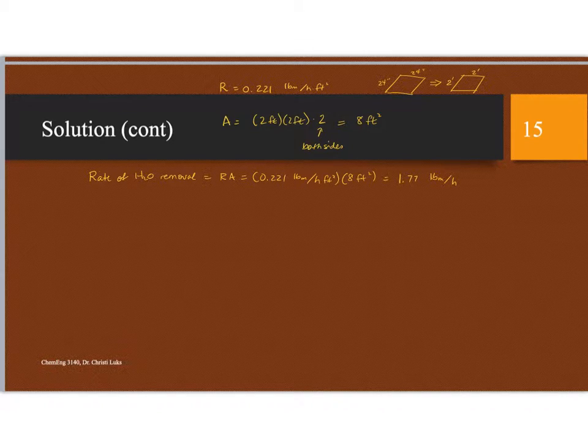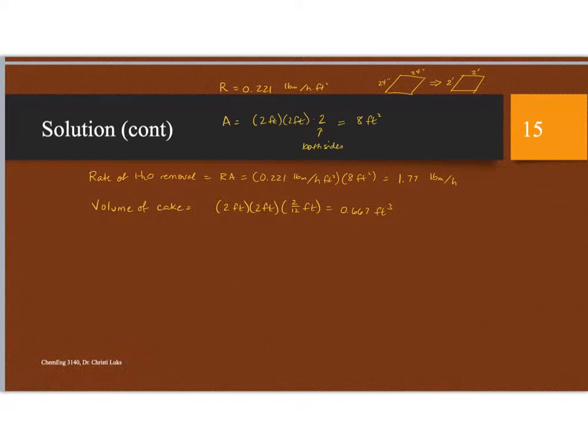Now we also are going to need to do some calculations on the cake. First let's figure out the volume of the cake. The volume is just the 2 foot by 2 foot times 2 inches, so 2/12 of a foot, and so it's 0.667 cubic feet. Notice that I'm not using the 8 square feet because that was the surface area on both sides.